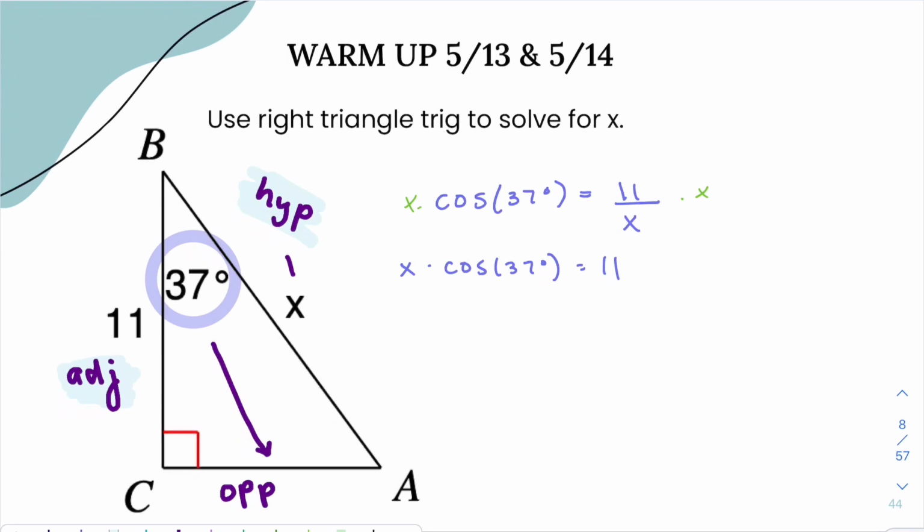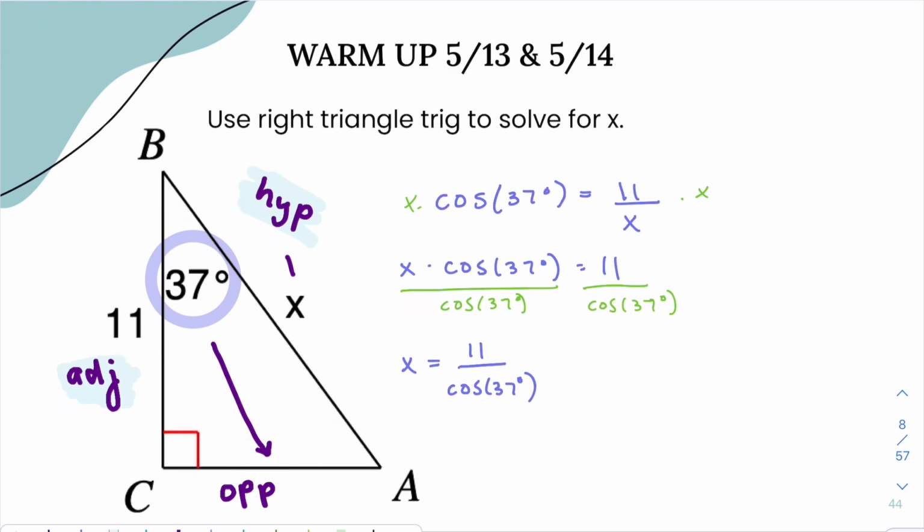Divide both sides by cosine of 37 to isolate x. You want to keep it exact until the very end because cosine of 37 is going to be a decimal. You don't want to round in the middle of a problem. So we'll keep it exact until the very end, and then we will just type this into our calculator.